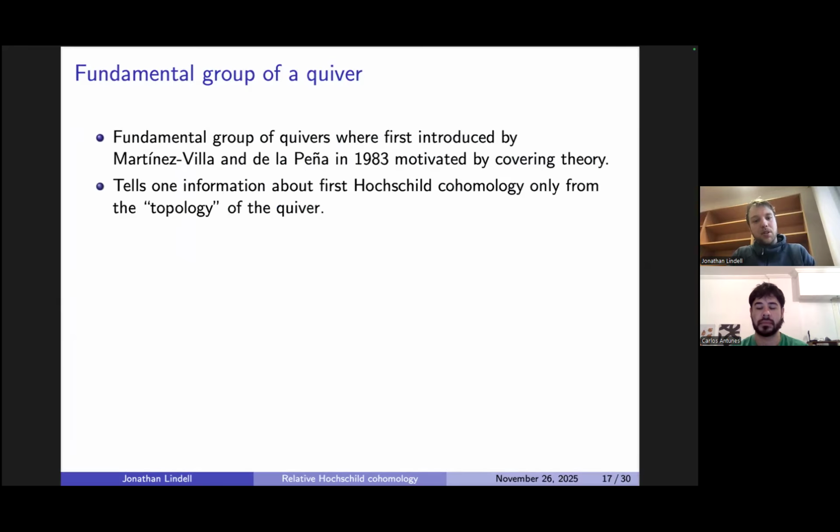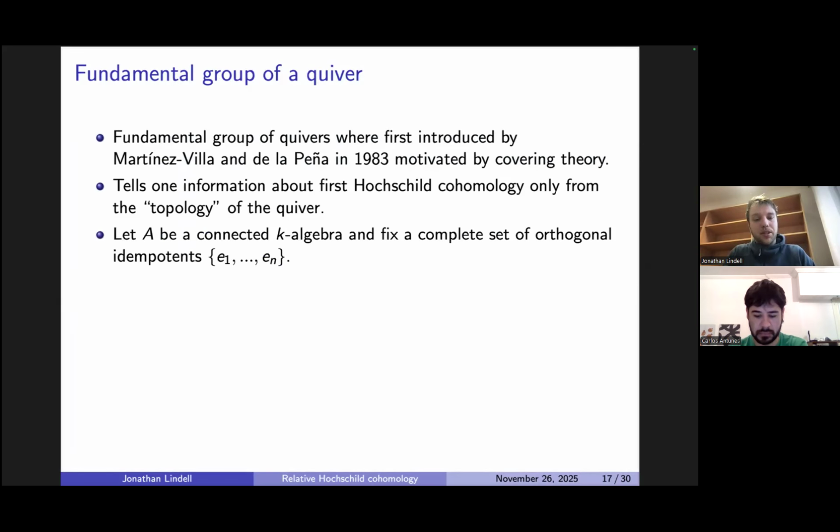So the setup is as follows. The point of this, as I see it at least, is that this will tell us information about the first Hochschild cohomology only from the topology, so to speak, of the quiver. We take A to be some algebra with connected Gabriel quiver. One can do it if it's not connected, it's just easier this way.